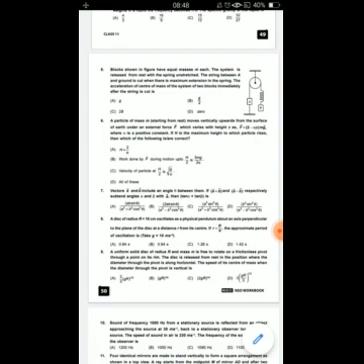Which of the following is or are correct? Option A, h equals 2 by alpha; B, work done by F during motion up to h by 2 is 3 mg by 2 alpha; C, velocity of the particle at h by 2 is root g by alpha; and option D, all of this.